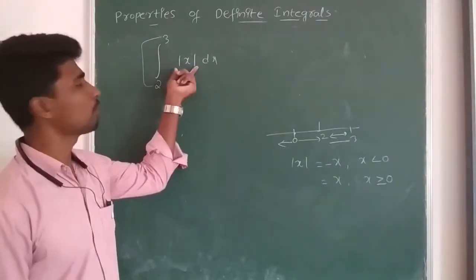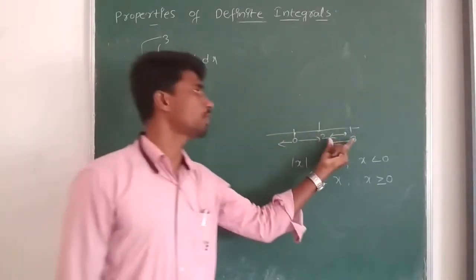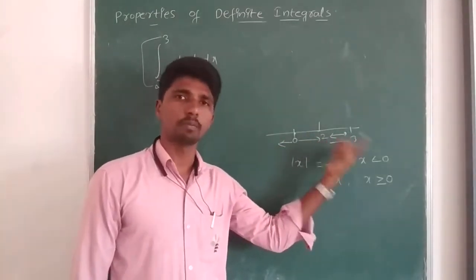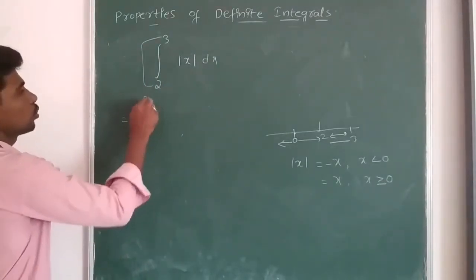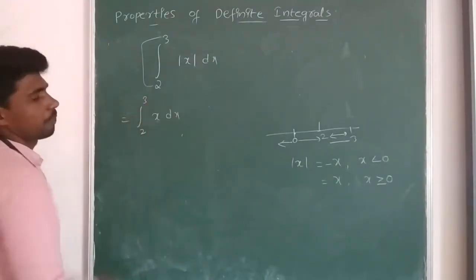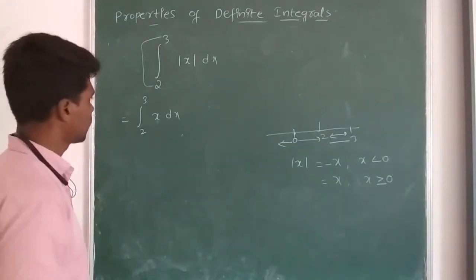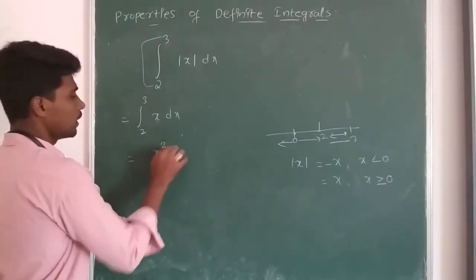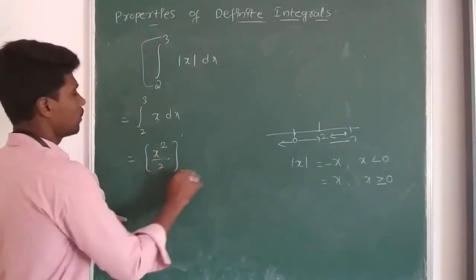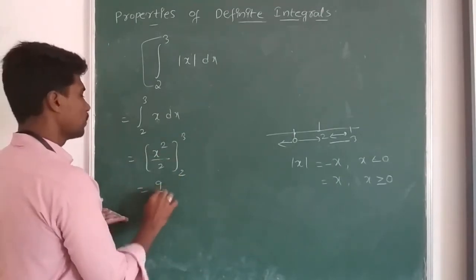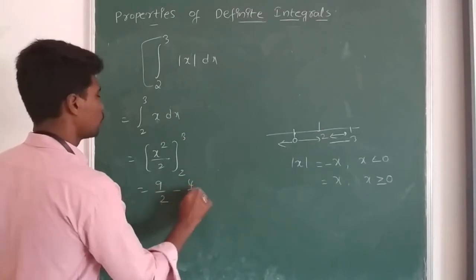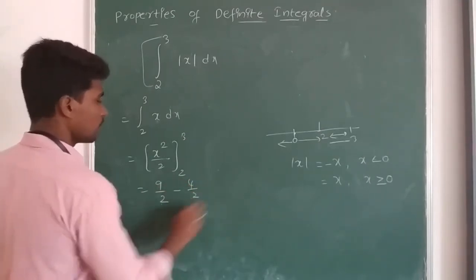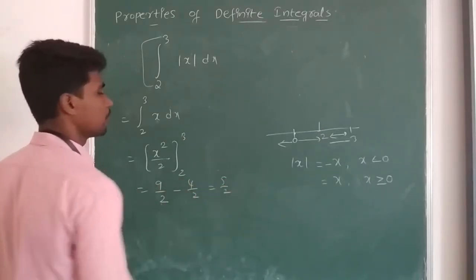So mod x in interval 2 to 3 acts as a positive function. So I get integral 2 to 3 x dx. Now x integration is x square by 2, with limits 2 to 3. So 9 by 2 minus 4 by 2. Answer 5 by 2.